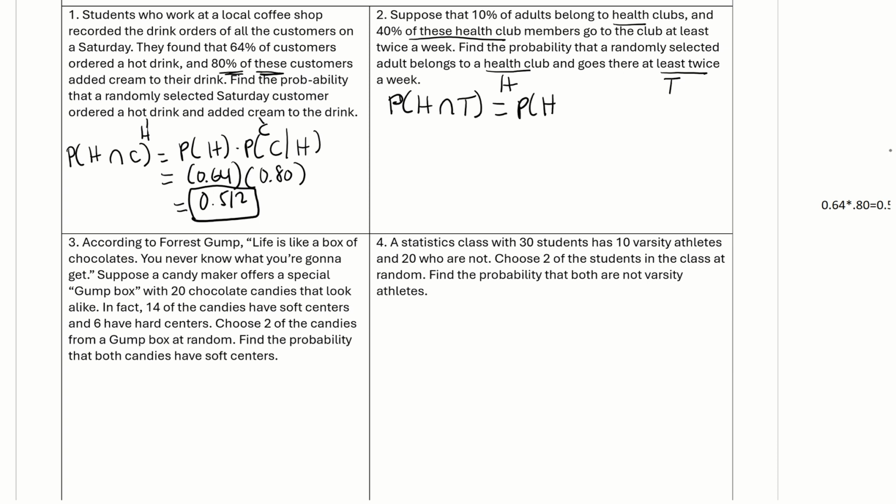So that's the probability of the health club times the probability that they go twice a week, given that they go to a health club. And then the probability of health club is 0.10 or 10%. Multiply that by the conditional of 0.40. And so we get 0.04.